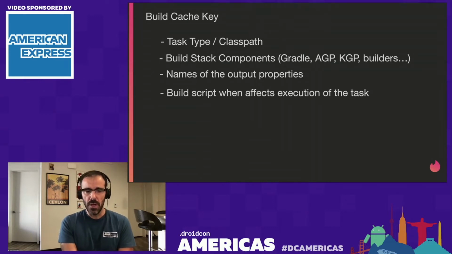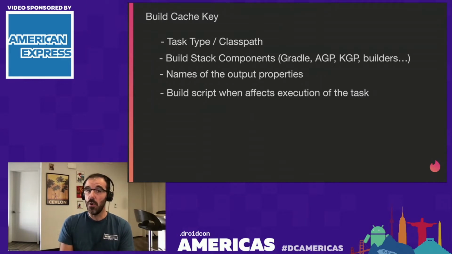Here is something that we have asked ourselves all the time. Imagine that you have 100 modules and you are updating one build.gradle. That change is going to have an impact on the task only if the build script affects the execution of the task.